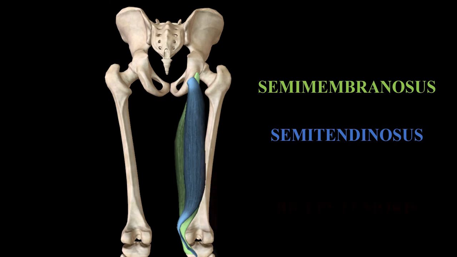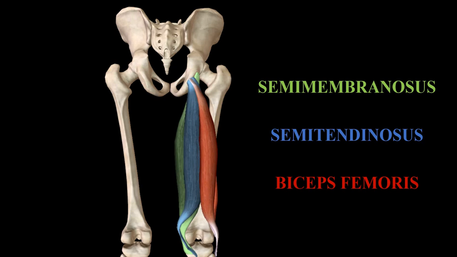And then we have the lateral hamstring muscle, the biceps femoris, which does actually have a smaller monoarticular head. Again, the biarticular hamstrings all originate from the ischial tuberosity on the pelvis there.